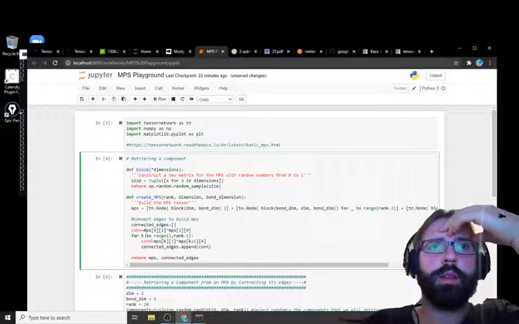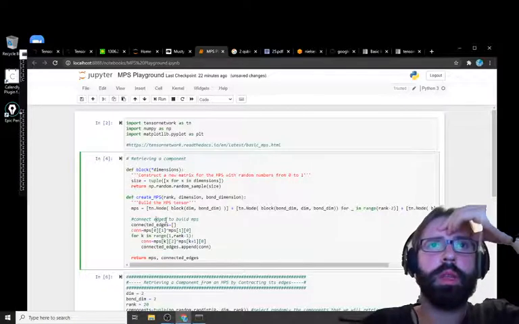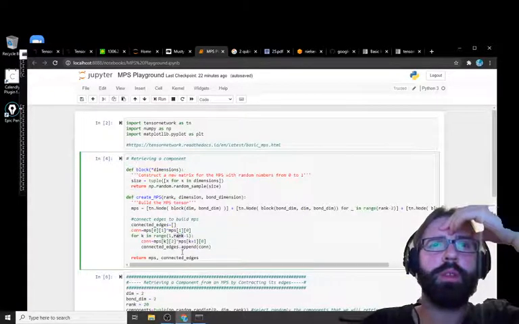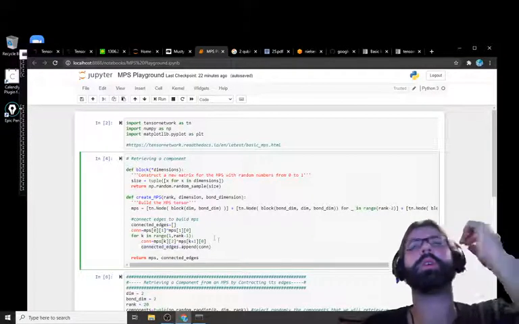Then to build the MPS. So okay, but there should be an edge, right? Because you go from 1 until rank minus 1. Okay, probably not. Connected edges.